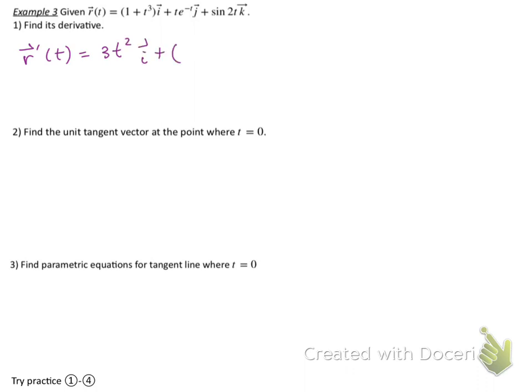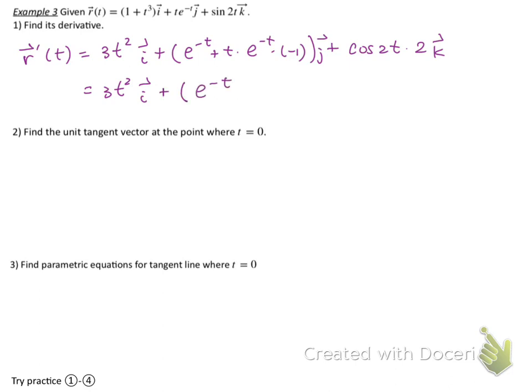For the y component, I have 1 times e to the negative t plus t times e to the negative t times negative 1, that's j. And sine differentiates to cosine, but 2t also gives me 2, that's k. So written a little nicer: 3t squared i plus e to the negative t minus t e to the negative t, that's my j, plus 2 cosine 2t, that's my k. So you differentiate each of the components.